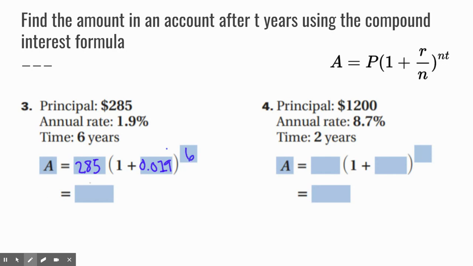Everybody practice plugging that in and let me know what you get, so that we can make sure everyone can plug this in. Then tell me what you guys get. You got an answer already? What'd you get? Perfect. At home, what'd you guys get?